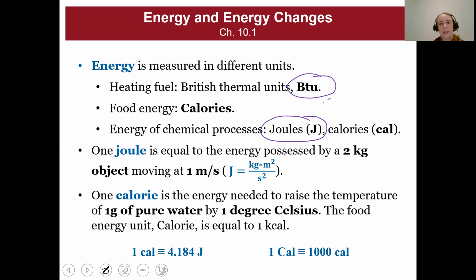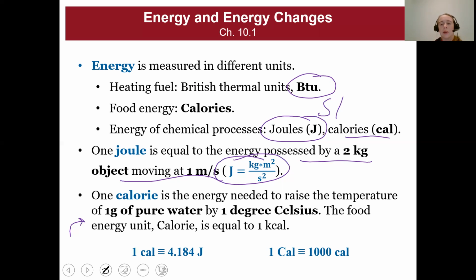Joules is the SI unit for energy, or sometimes it's given in calories because calories have a pretty useful definition, as we'll see down here. But just a refresher, a joule is equal to the energy possessed by a 2-kilogram object moving at 1 meter per second. And this is our definition of joules using our other SI units to break it down. And then calories.